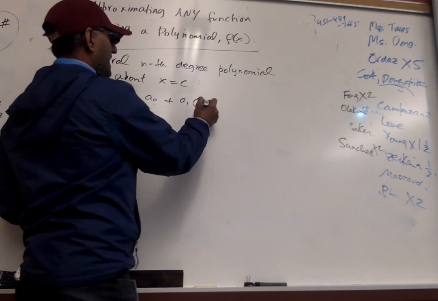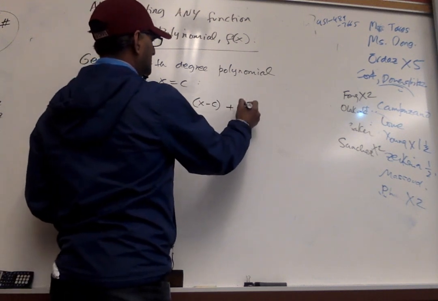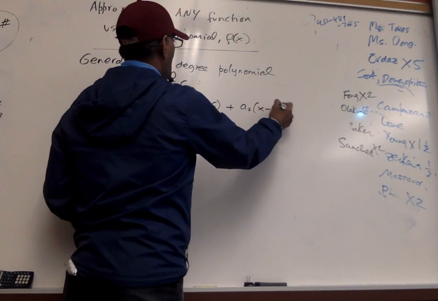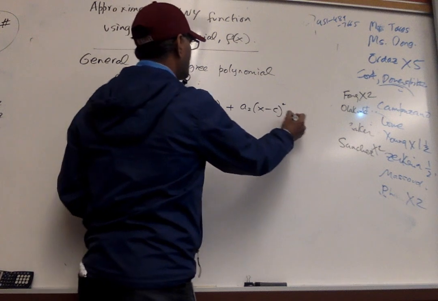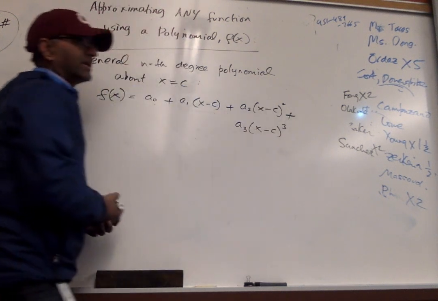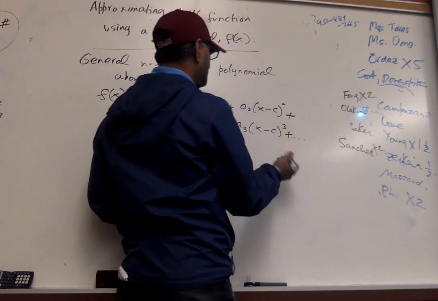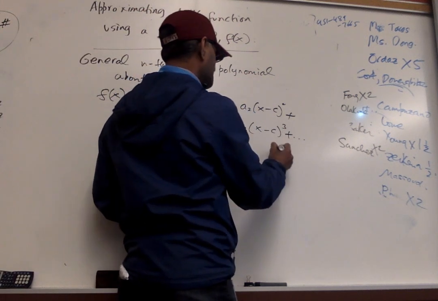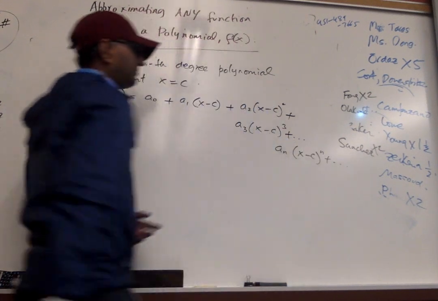My second term is a1, x minus c. My third term is a2, x minus c squared. If I need a parabola, that will be my general term. If I need a cubic function, I'll do a3, x minus c cubed. That's the general form for the cubic. Plus, dot, dot, dot. If I want an nth degree, so you say 10th degree, it's like an, x minus c to the power of n.